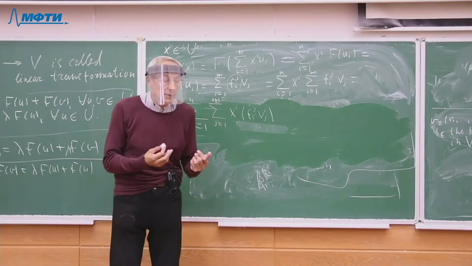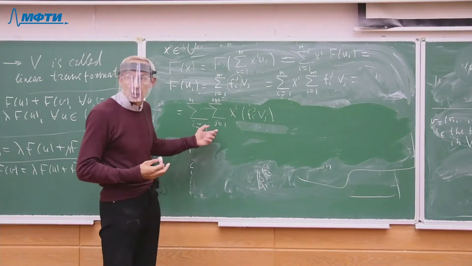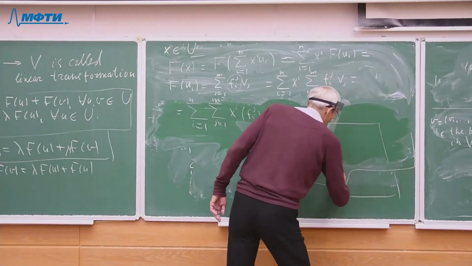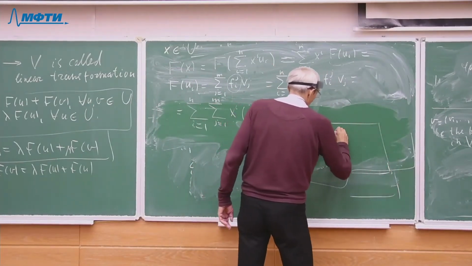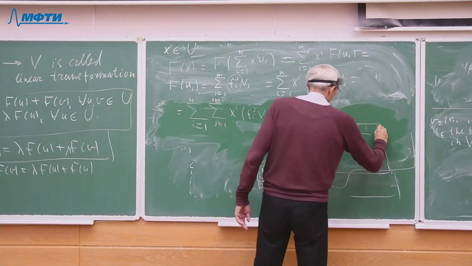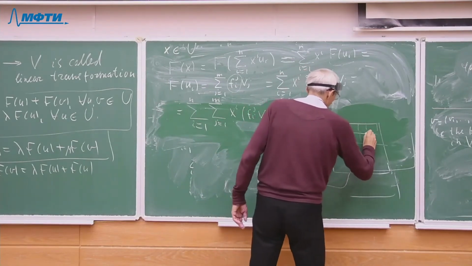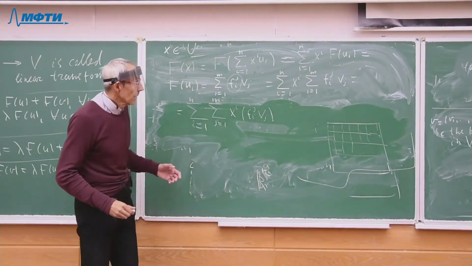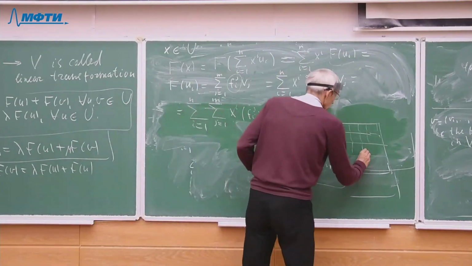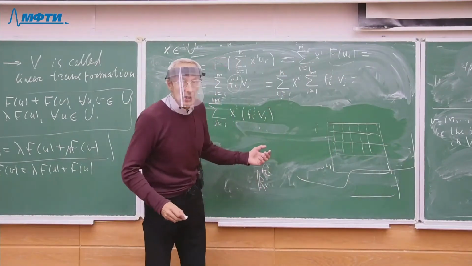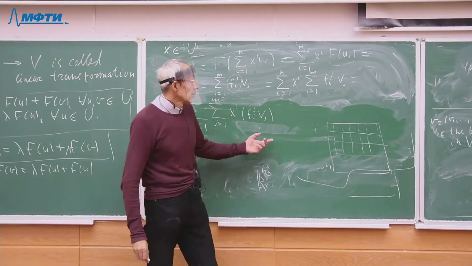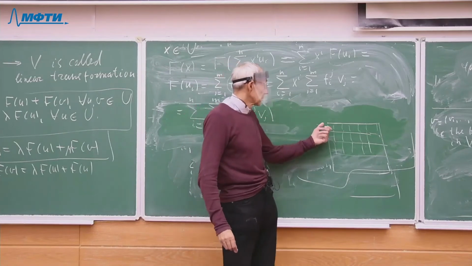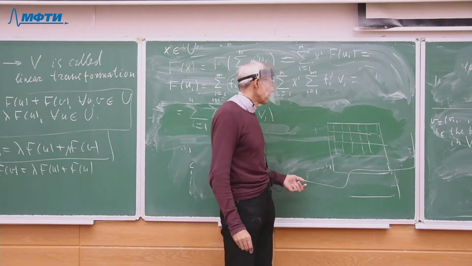I have the double sum. I can imagine this double sum in the form of such a tableau, the entries of this matrix.